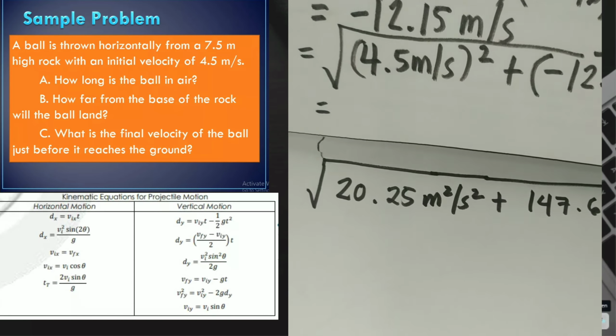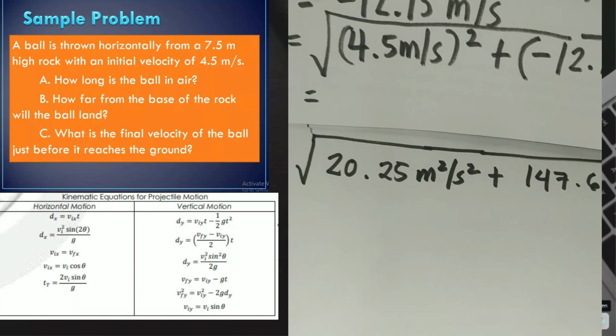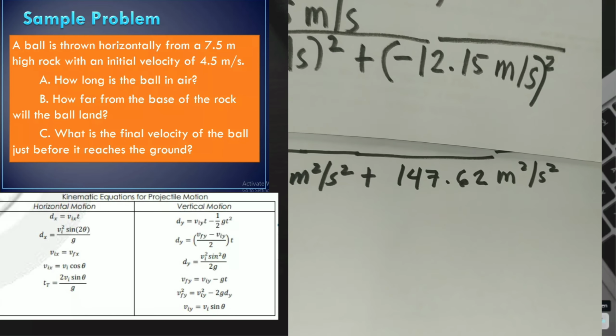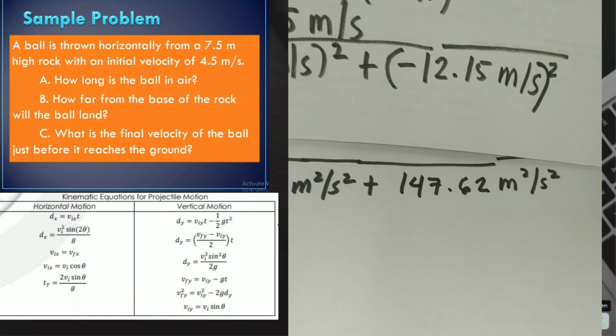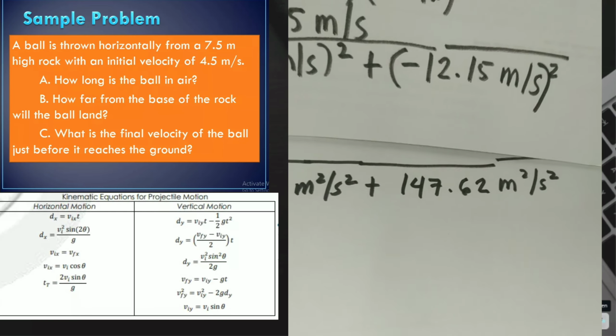Okay, so we have 4.5 meters per second squared is 20.25 meters squared per second squared. The negative 12.15 meters per second squared is 147.62 meters squared per second squared.